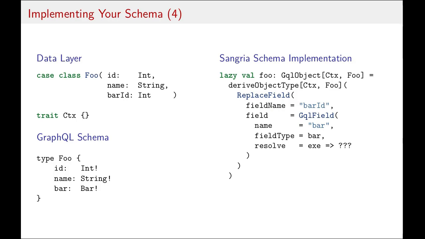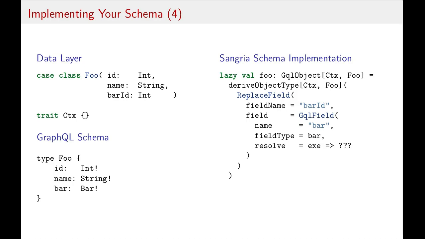So remember executor.execute. The resolve will get passed the state of the executor. So imagine this is in the middle of query execution. The executor has accepted the query. It knows the schema. It's fulfilling a query, and it has some meta information, and that's what this executor has.